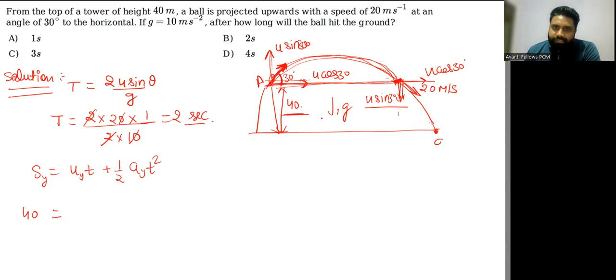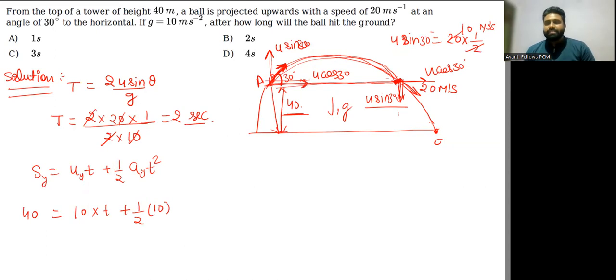Uy here is nothing but u sin 30. u is given as 20, and sin 30 is 1/2, so you will have 10 meters per second. 10 meters per second times the time that we have to calculate, plus 1/2 times ay, which is also 10, times t squared.